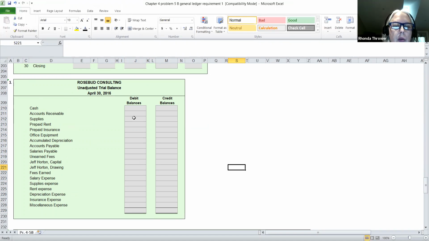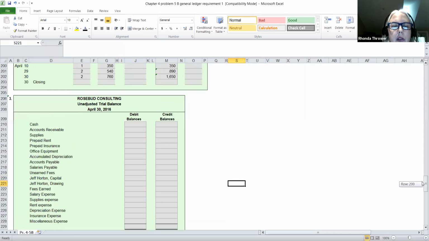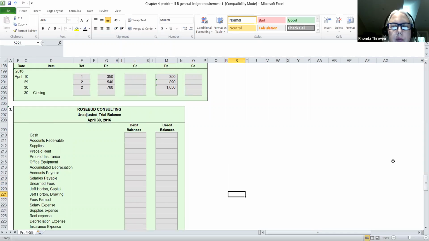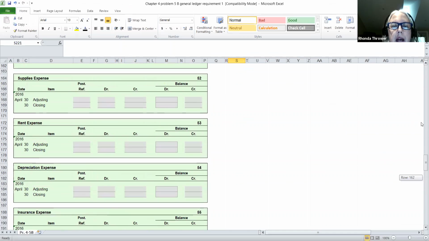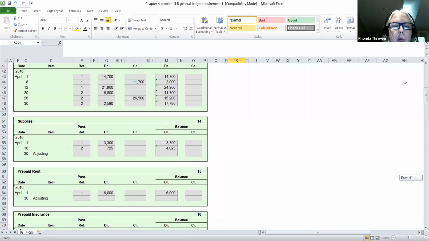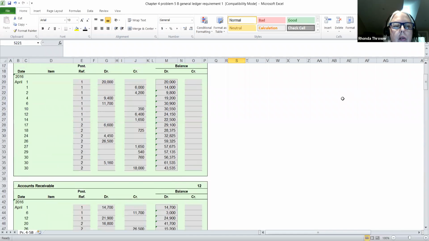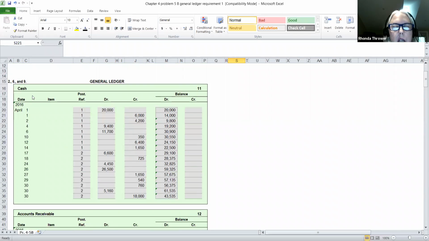So all you've got to do is put in the balances. The balances of these ledger accounts come from the balances that we have at this point in time in our ledger.